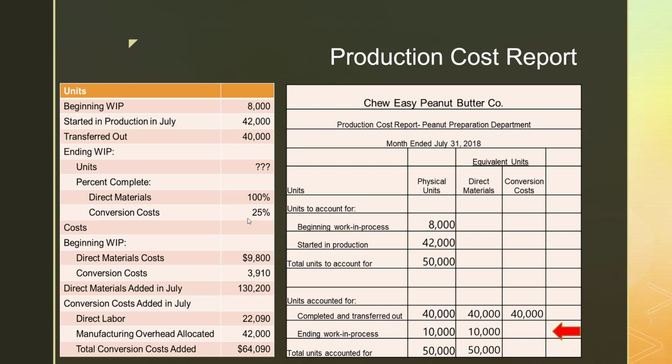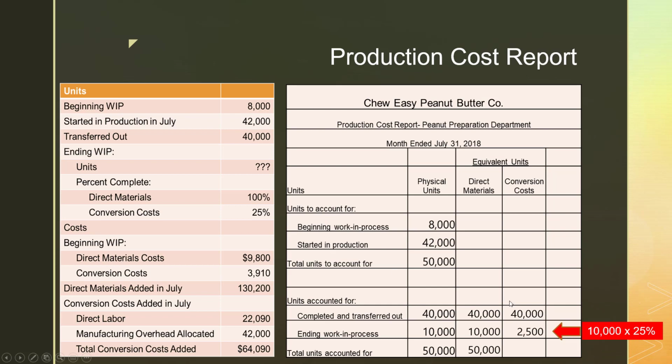So what we need to do in equivalent units is figure out how many units we could have completed the whole way, properly making that many cases worth of prepared peanuts to be transferred off to be made into peanut butter, for the same cost that it took us to complete 10,000 units a quarter of the way. To figure that out, you just take your physical units and multiply by the percent of completion.